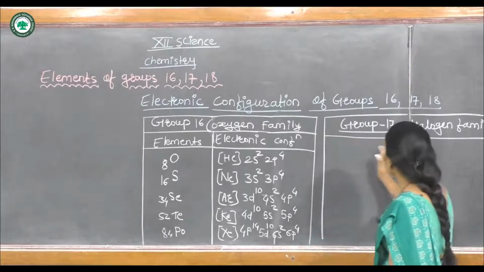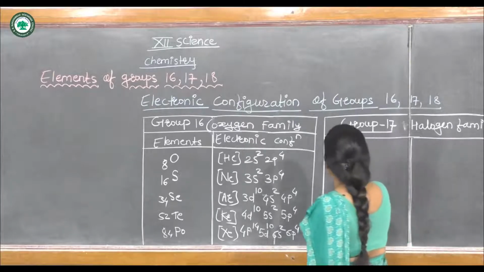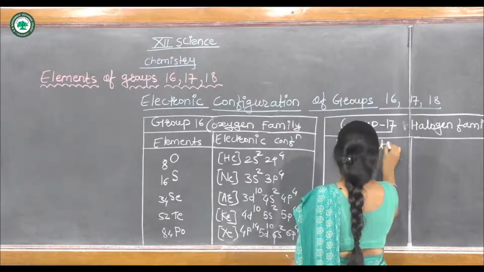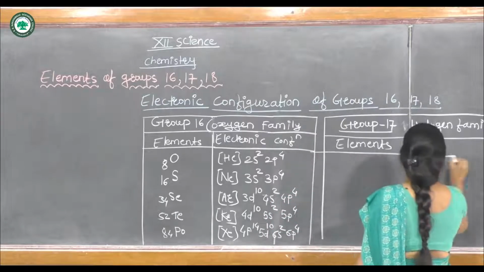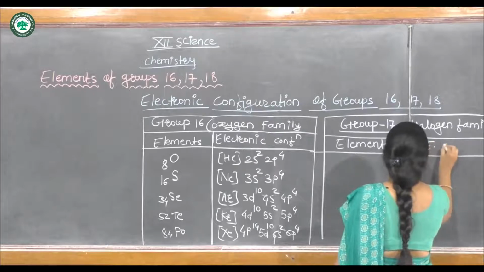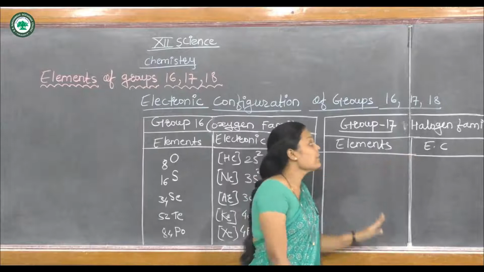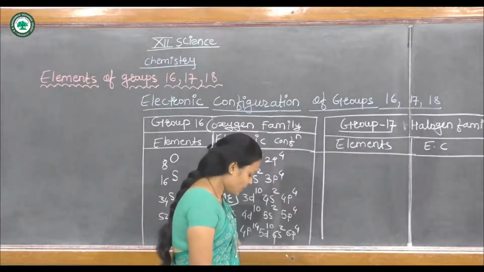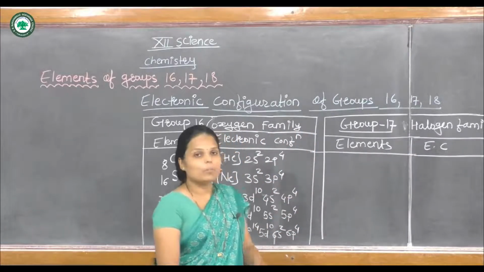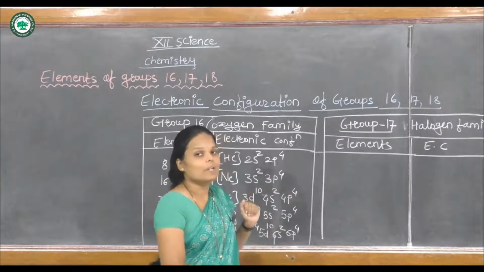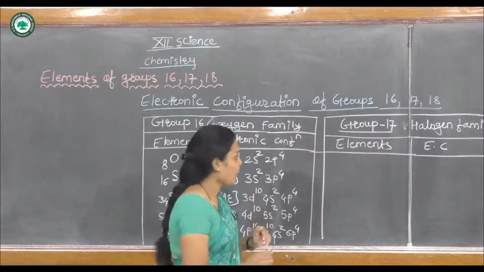Here is the element's name and here is the electronic configuration of the group 17 elements. Six elements are present in group 17. The first element is fluorine.